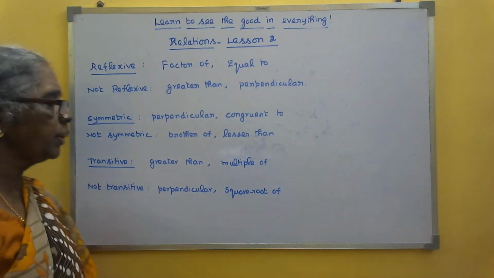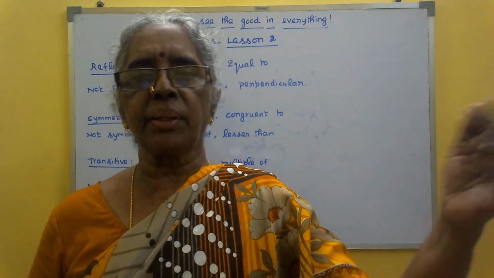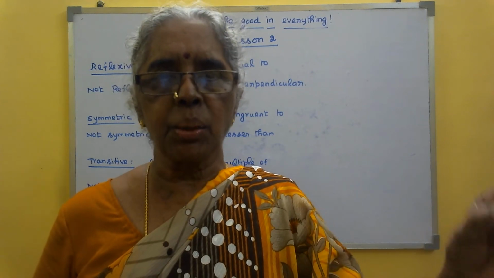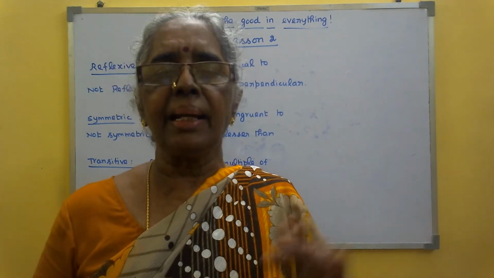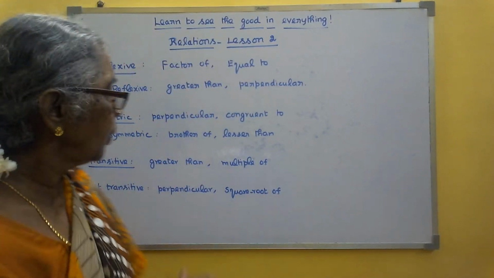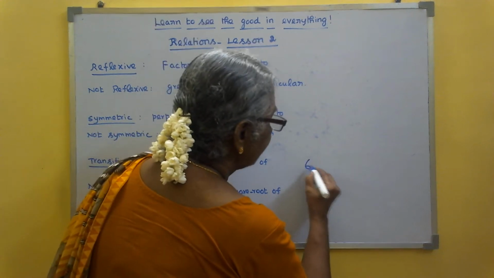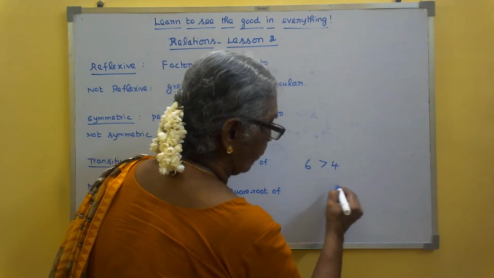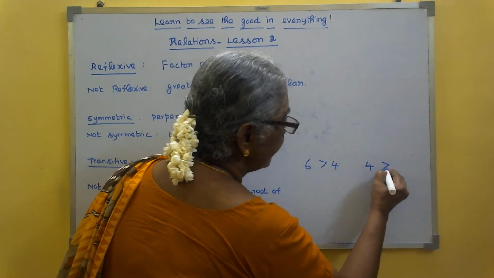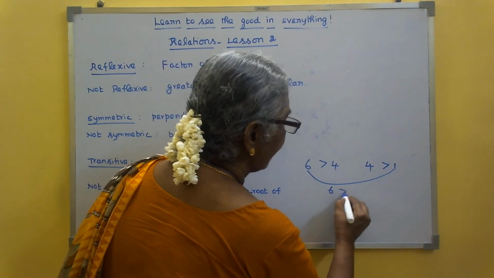Now, let us move on to transitive. You know, transitive relation means if A is related to B and B is related to C, that implies A is related to C, you call that relation as transitive. You consider greater than. Now you know 6 is greater than 4. You know 4 is greater than 1. And you know 6 is greater than 1.